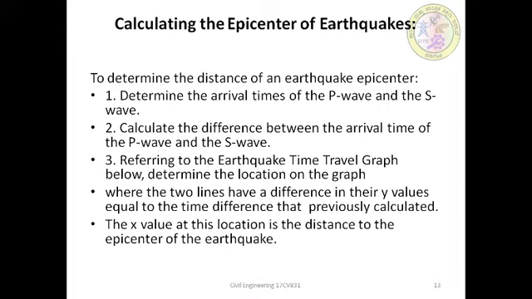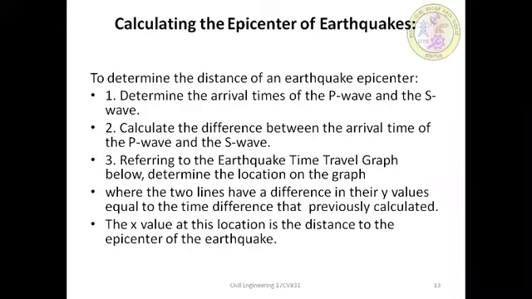The important characteristics of the P waves are that they are the fastest of the seismic waves and the first to arrive. The particles that the waves pass through move in the same direction as the wave itself, in a pushing and pulling direction. They travel through solids, liquids and gases. So that is all about the P waves.